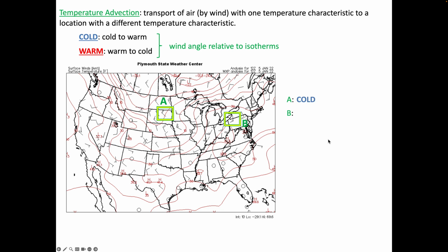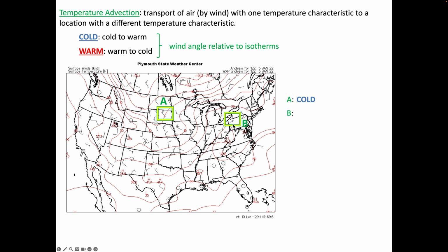Now if we take a look at B, and now that you see where B is, which is basically Buffalo, right at the eastern tip of Lake Erie, you'll see that at location B, and locations in upstate New York, the wind is actually perpendicular, in this case to the 30° isotherm, and that areas to the south of Buffalo are warmer than 30, areas to the north of this isotherm are colder than 30.